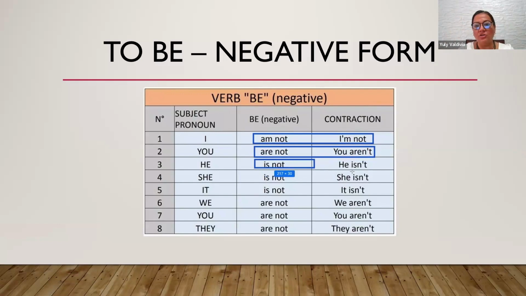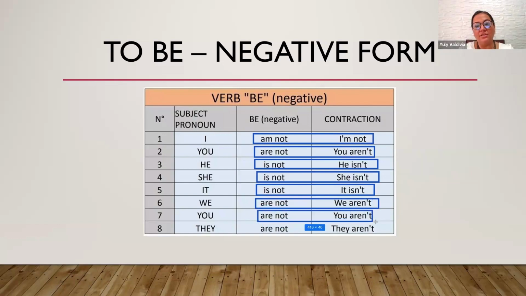He is not, he isn't. She is not, she isn't. It is not, it isn't. We are not, we aren't. You are not, you aren't. And they are not, they aren't.